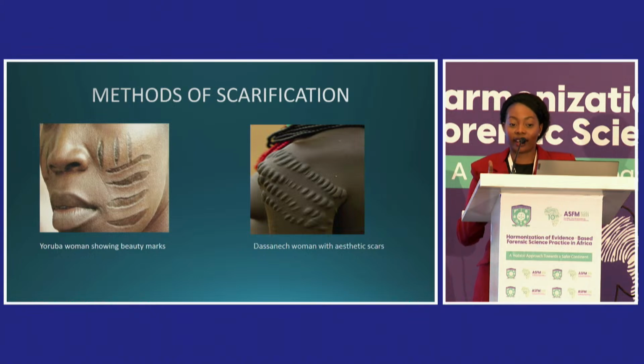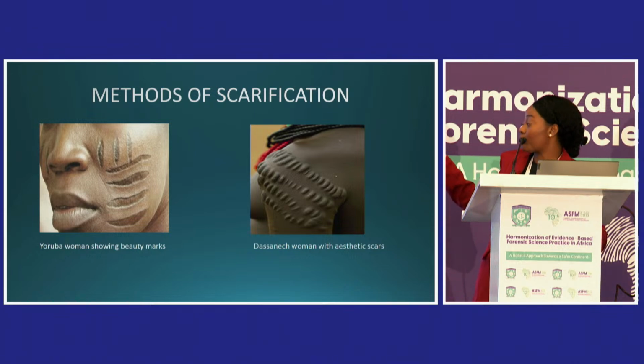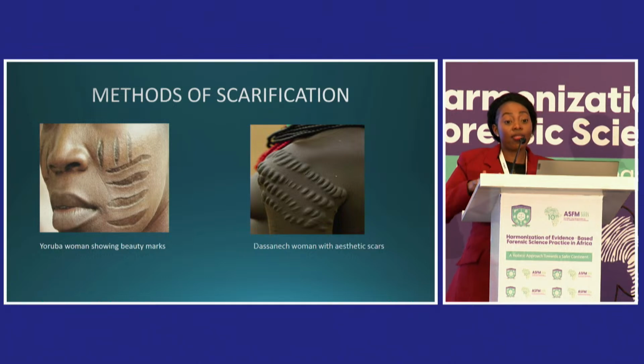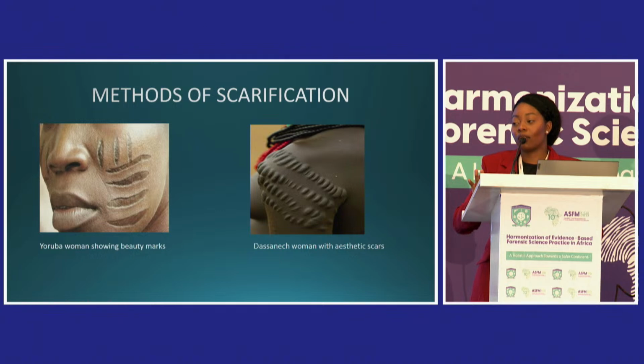It's a trifecta. They created a prick using a needle, and then they would use a razor blade to cut and go through into the dermis and remove the muscle. And then they apply soot or charcoal, which then creates this raised bump after it's healed, known as keloids.